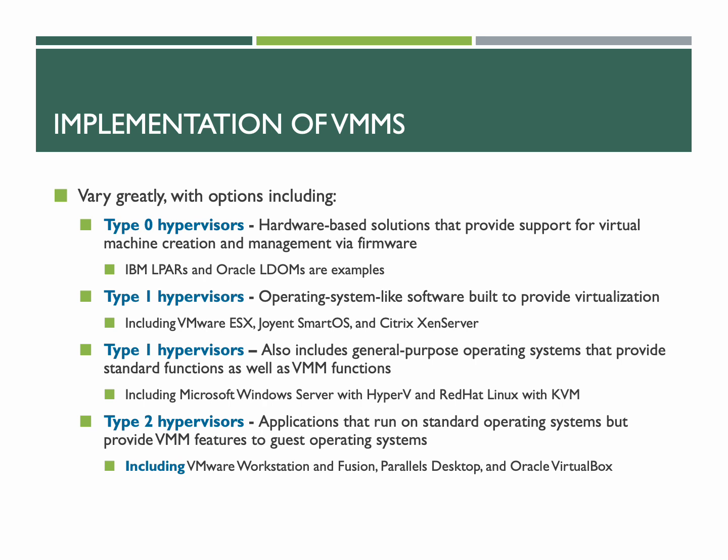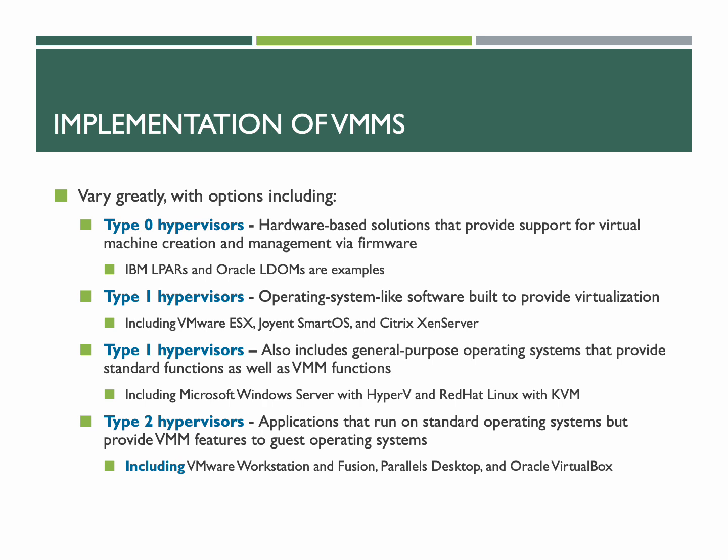This category includes VMware ESX, Joyent SmartOS, and Citrix XenServer. Additionally, general purpose operating systems that provide standard functions as well as VMM functions, such as Microsoft Windows Server with Hyper-V and Red Hat Linux with KVM, also fall under this type.